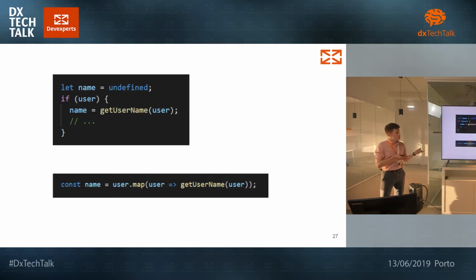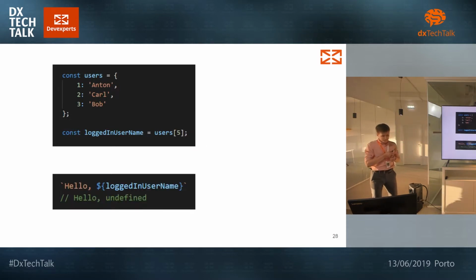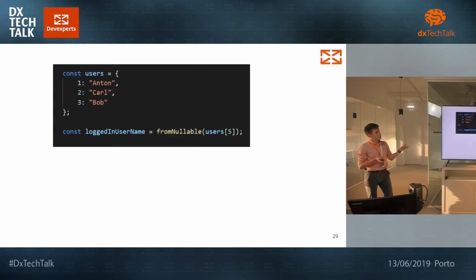It's impossible to forget to check for undefined, because there is no undefined anymore. And moreover, do you remember our hello undefined, this previous example? Yeah? We know that when we access arrays by index, this is very unsafe, and it may give you undefined. So it's a good place to wrap this call into fromNullable.